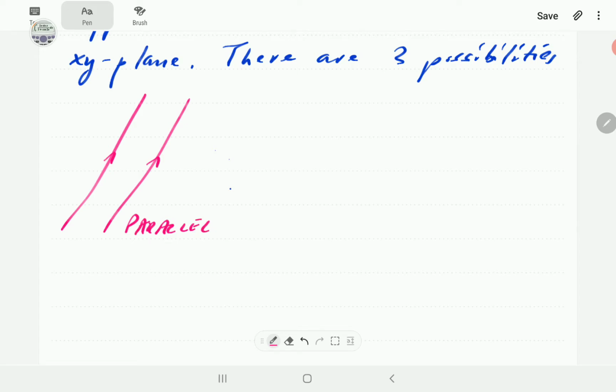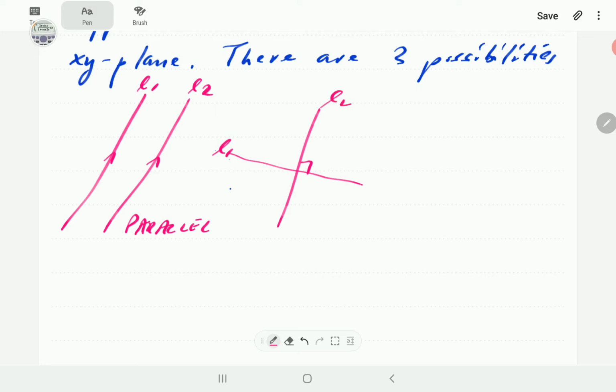The second case is that our two lines could be perpendicular. So typically what we're going to do is call this line L1 and this line L2.